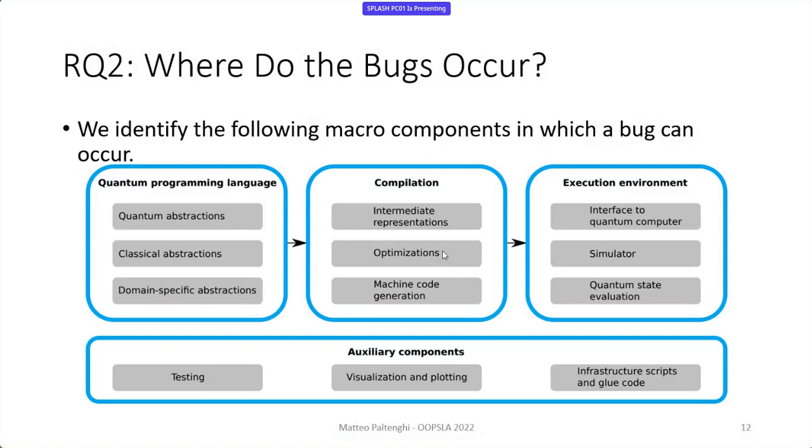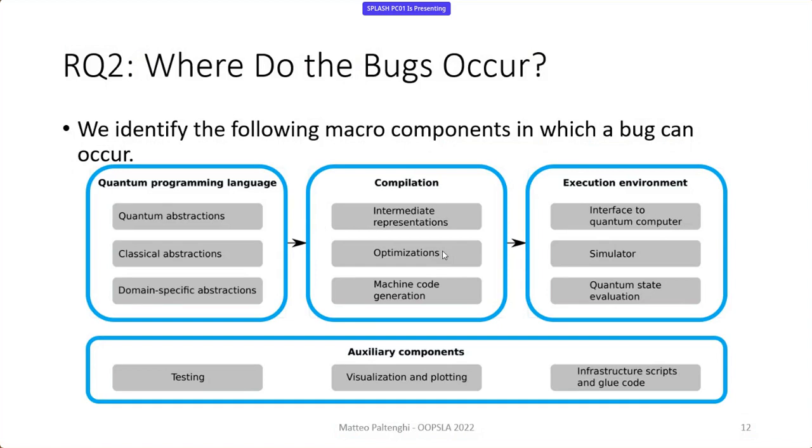Then the central block is the compilation block, where we have intermediate representation, optimization, and also machine code generation. On the left side, we have everything that is related to the execution of this program, for example, the interface to a quantum computer. If our platform wants to execute on an external quantum computer, it has to interface to the cloud typically.